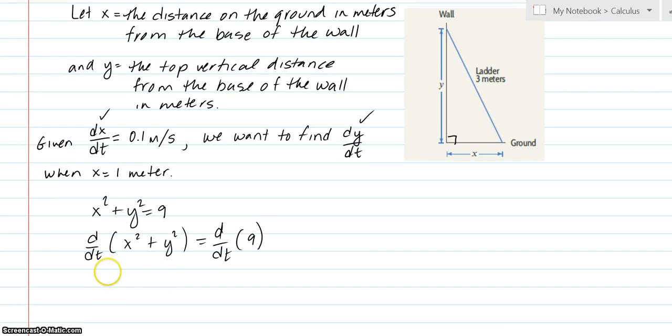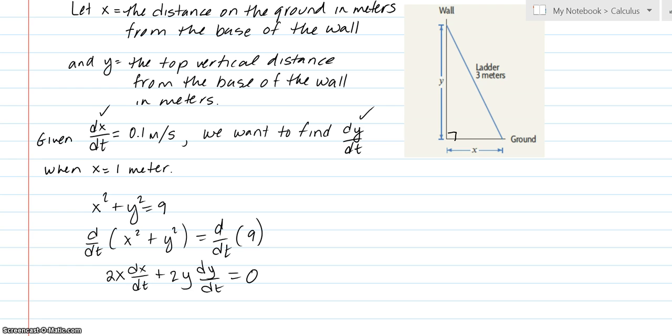Both of these use the chain rule. The derivative of the first is 2x, and since it's with respect to t, I multiply by dx/dt, the derivative of the inside. The same thing with 2y: we multiply that by dy/dt. And the derivative of a constant is still 0.